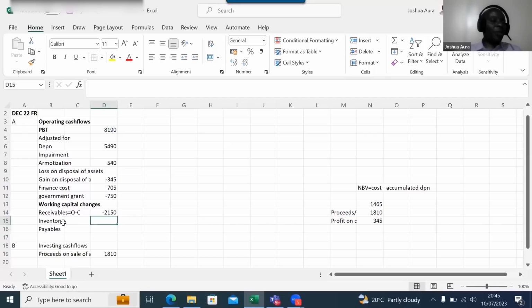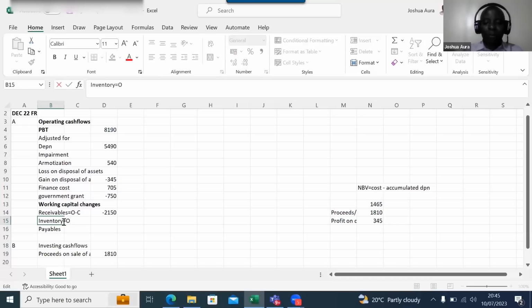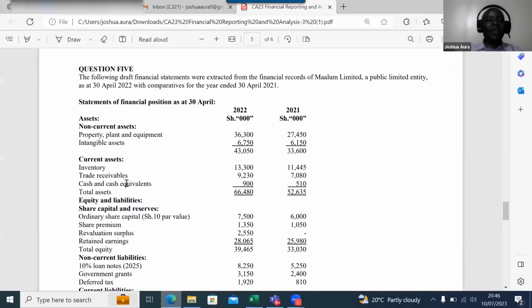So for inventory, again I will come here and talk of opening minus closing. Look for inventory. I can see the opening here is 11,445 minus, for inventory, remember, 13,300.